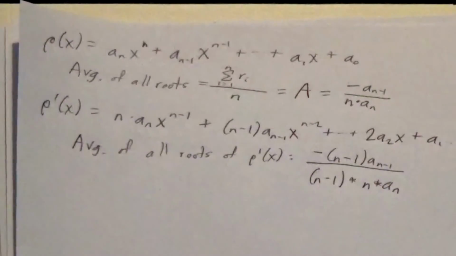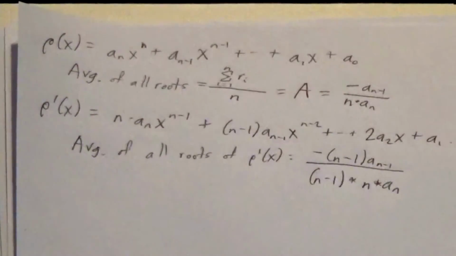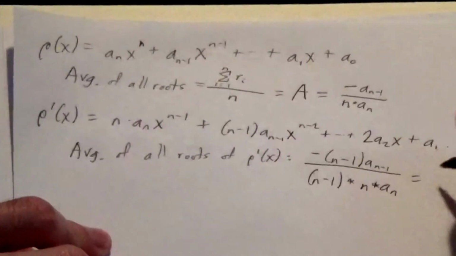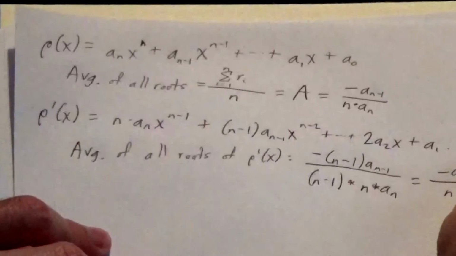And what you'll find, just by looking at this, is that we can cancel out the n minus 1 in the numerator and denominator, and we know that this must equal negative a sub n minus 1 over n times a sub n.